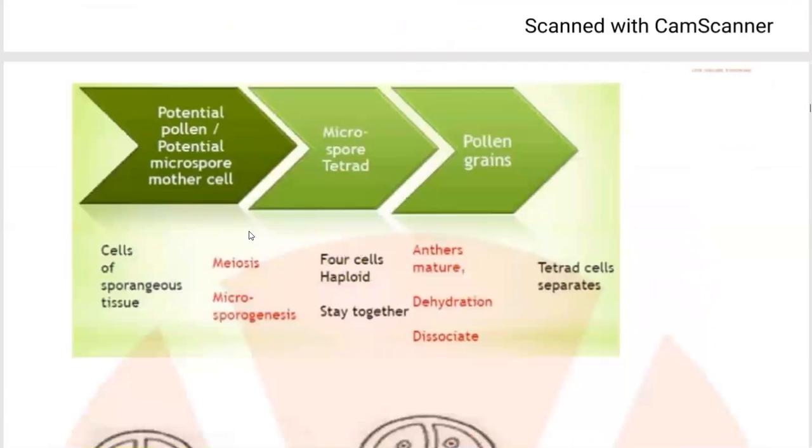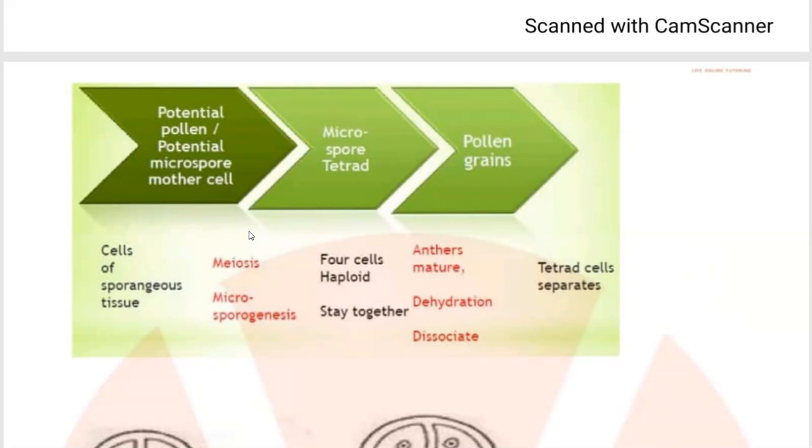This is the potential pollen, the pollen which is potent to fertilize further. The cells of sporogenous tissue form microspore tetrads after meiosis, comprising four haploid cells which stay together, and then pollen grains are formed.